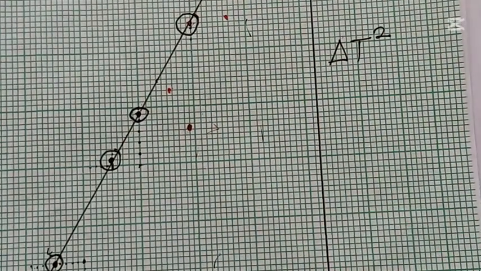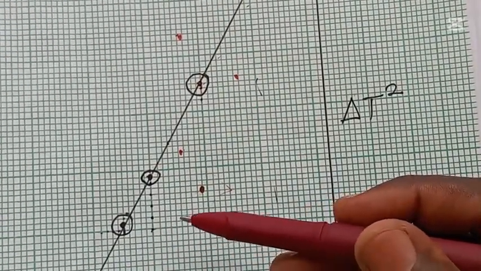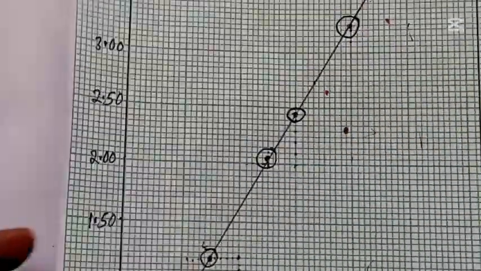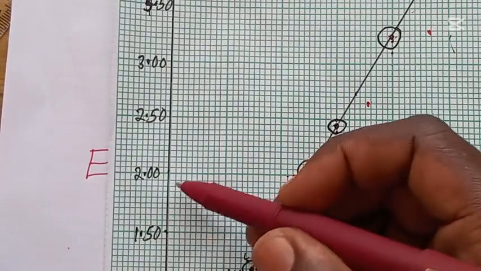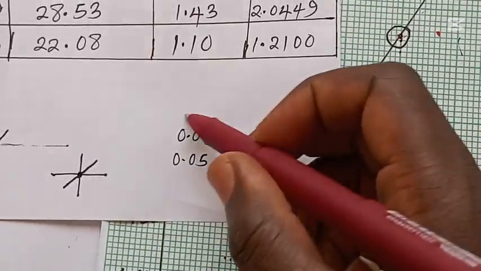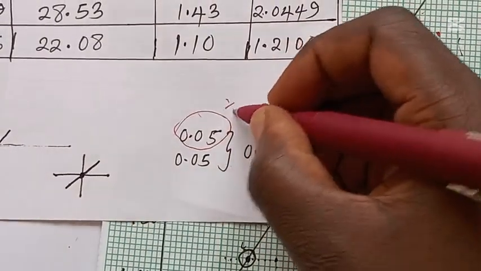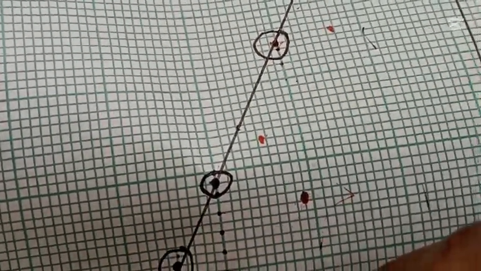But our points are very close to the line, so we can only get an approximate value of the W, and we are going to take half a division on the vertical axis here. We know that each small division for the primary degree is 0.05, so we'll divide this by 2 and take it as our W, because our W is so very small.